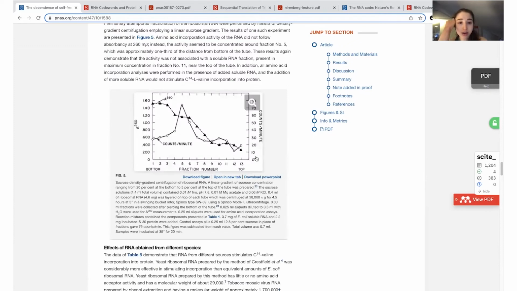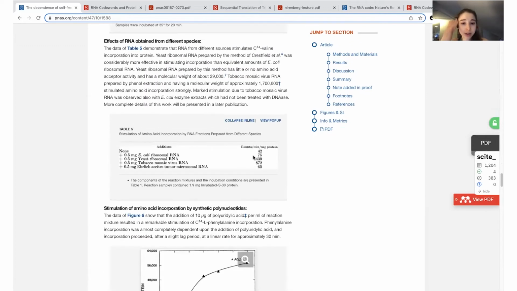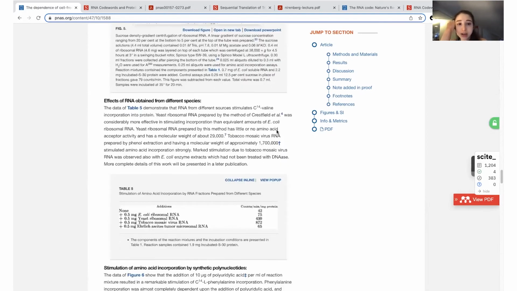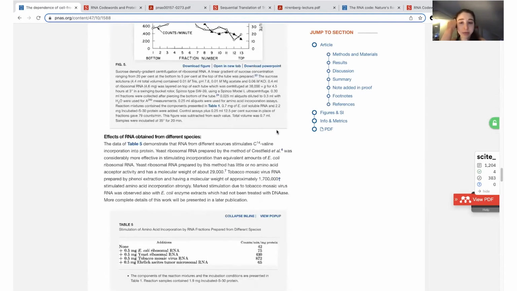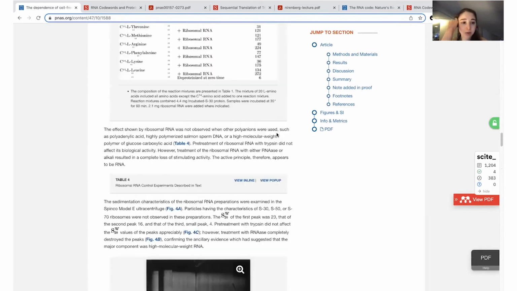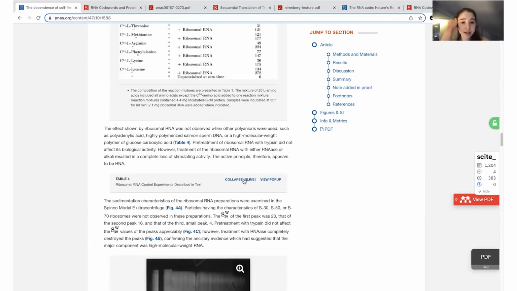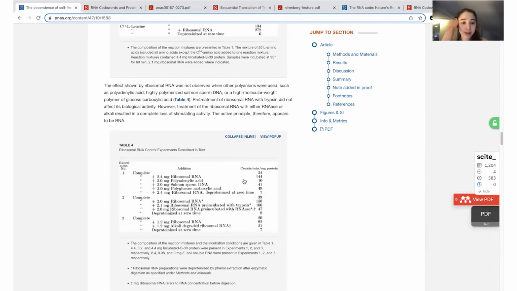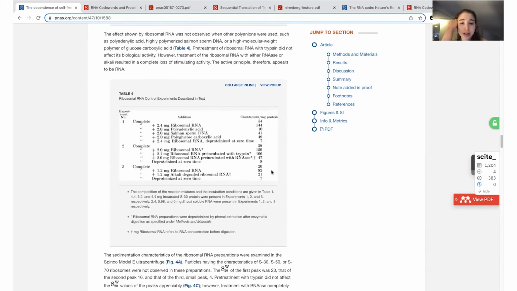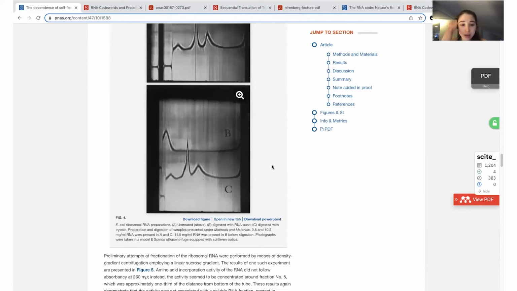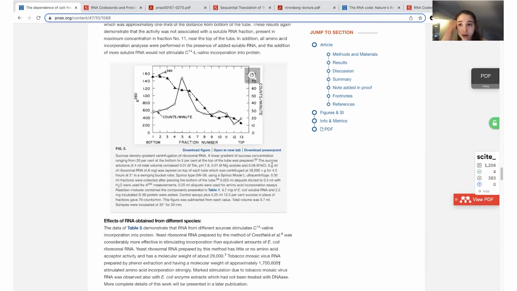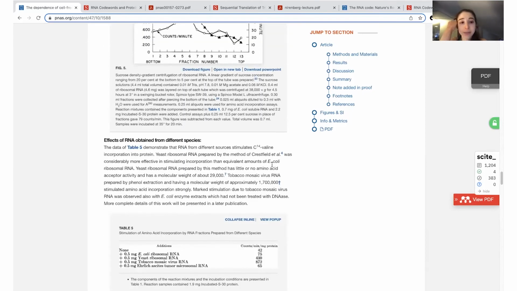And what's really cool here is now they're testing, okay, so we know that you needed that template. We know that you needed the ribosomal RNA. So they did a bunch of experiments showing that you needed the ribosomal RNA, and it couldn't just be DNA, or whatever you want to stick in there. You needed that ribosomal RNA, which is the messenger RNA.